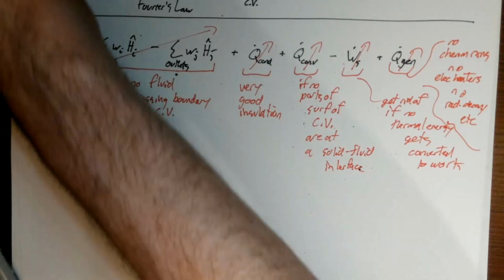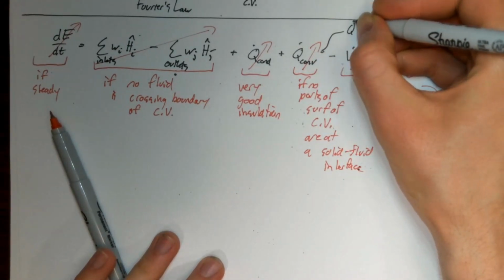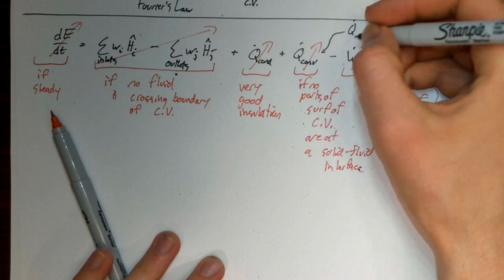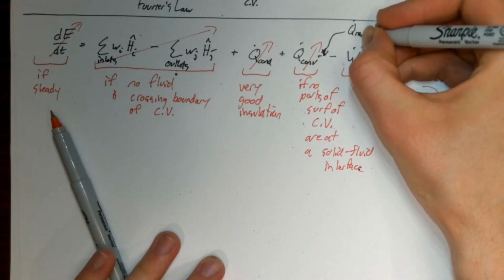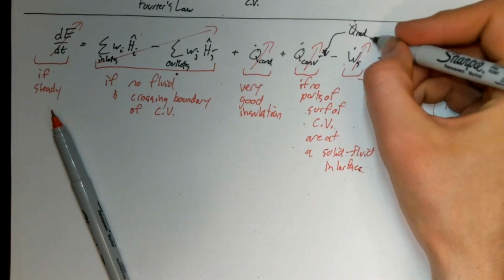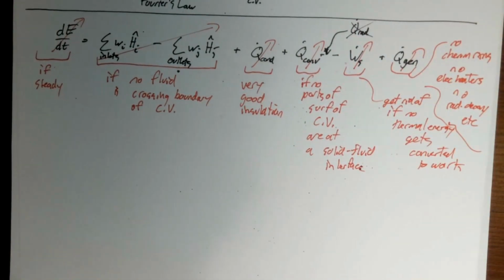And I guess there was one that I actually already got rid of here. Strictly speaking, you could have surface energy. You could have radiation leaving your surface as well, but almost always we're getting rid of that. This only really happens at high temperatures, right?